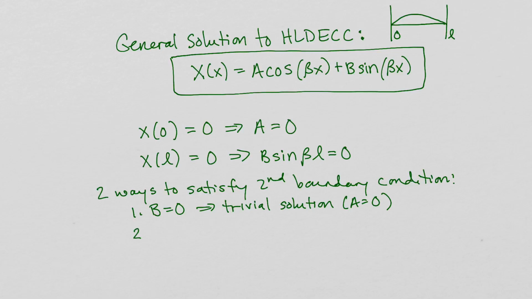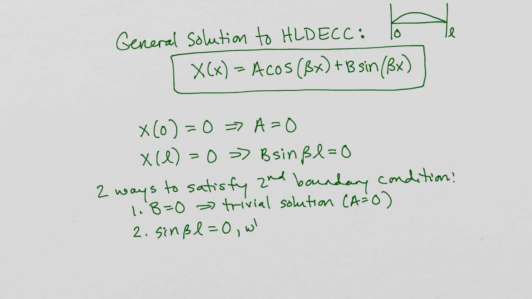Okay, another option would be for this sine beta L part of our expression to be the part that equals 0. So we could have sine beta L equal to 0. And in order to satisfy that situation, we know that that beta L term has to be equal to some integer number times pi.